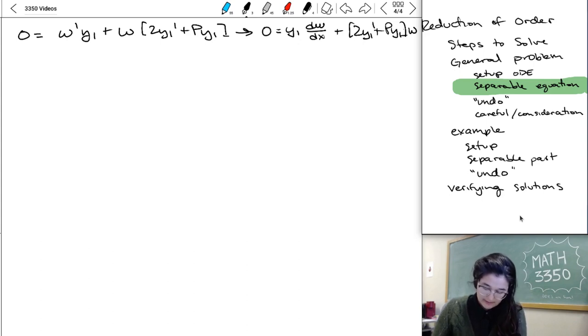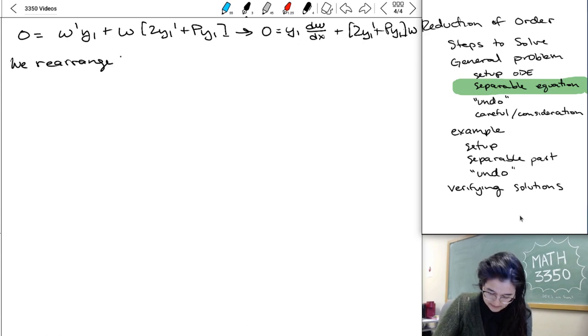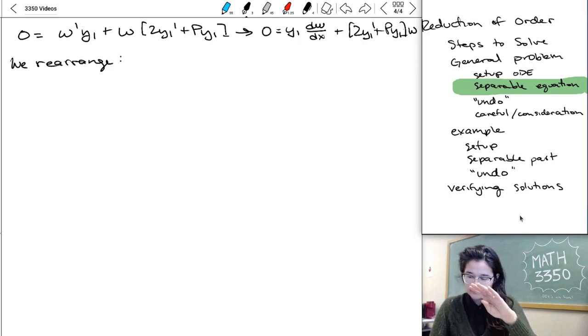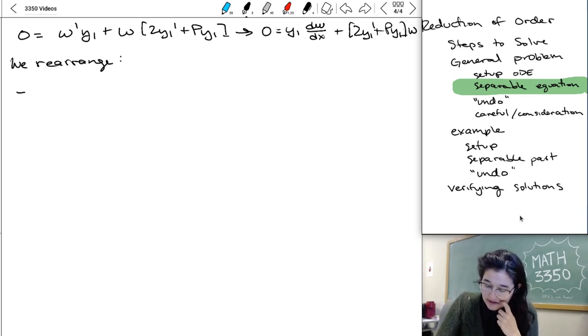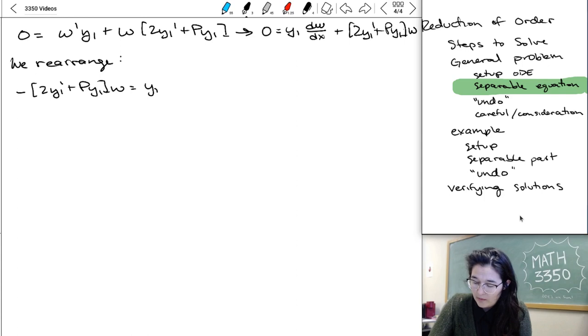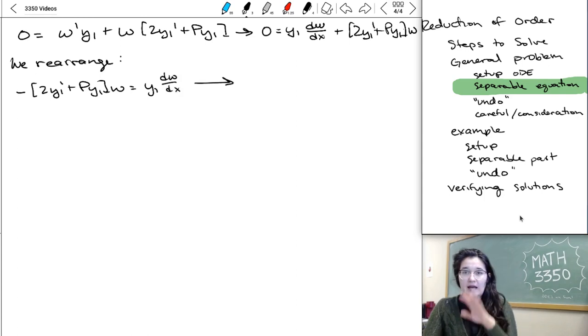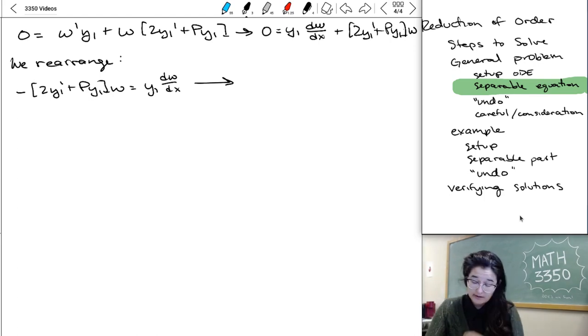So we rearrange our separable equation. I'm going to move the square bracket part over to the side first. Negative 2y1 prime plus py1 times w is equal to y1 dw dx. And I'm thinking about getting the x's on one side, the w's on the other.